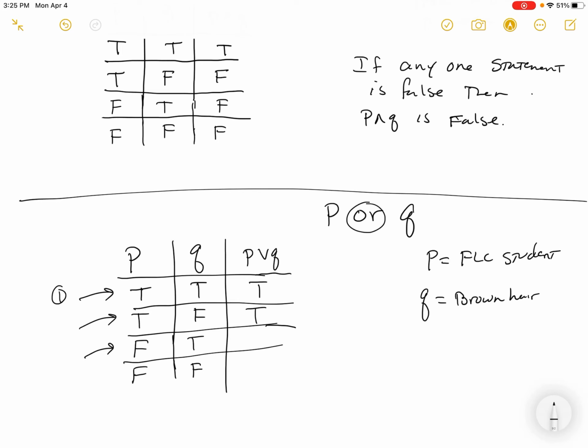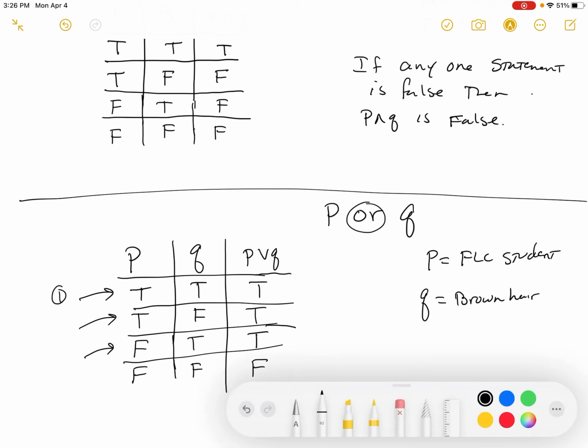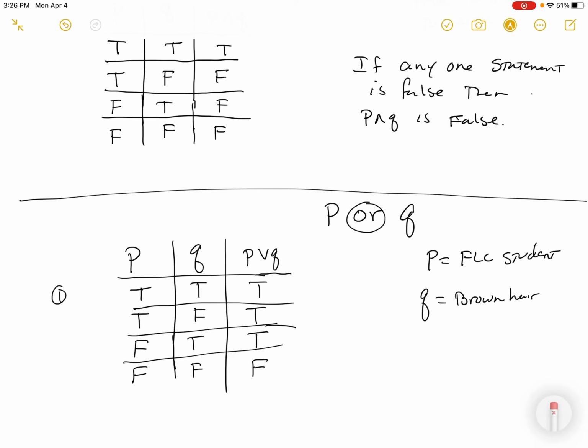If I go to this next one and they're not an FLC student, but they do have brown hair, well, I still have met the brown hair criteria. And the only way for us to have a false reading is if both are false. And so I hope my hair color and FLC student example helps you understand it a little bit better.